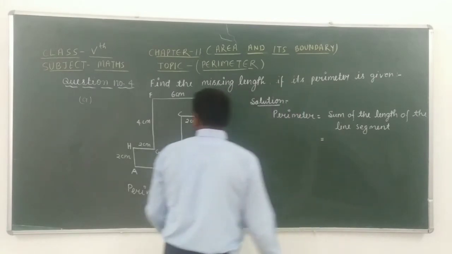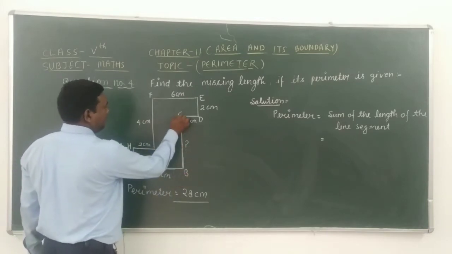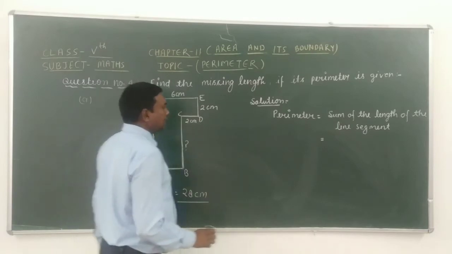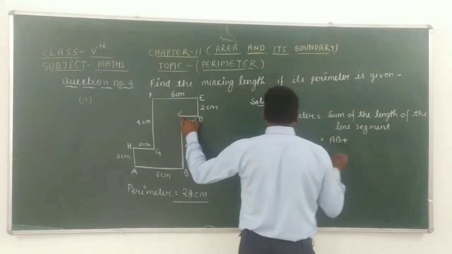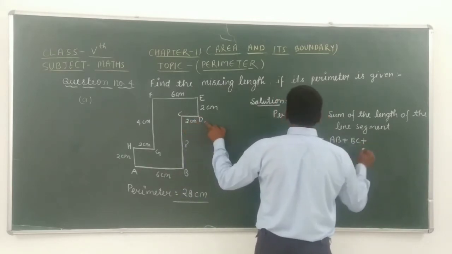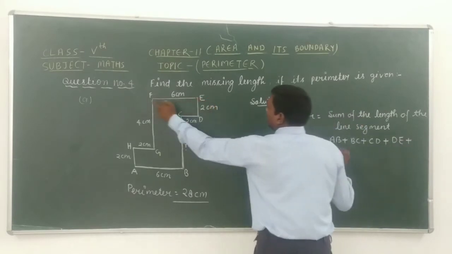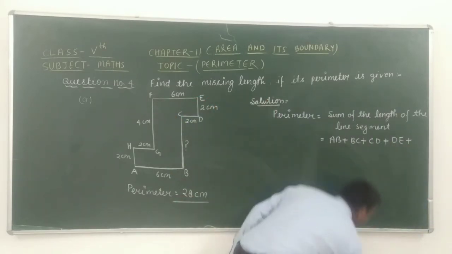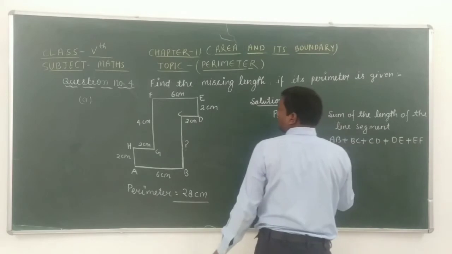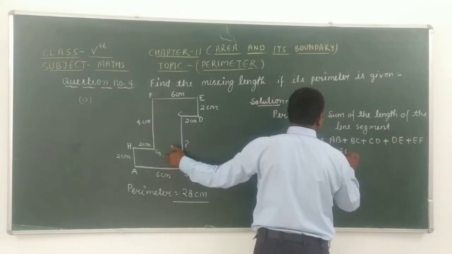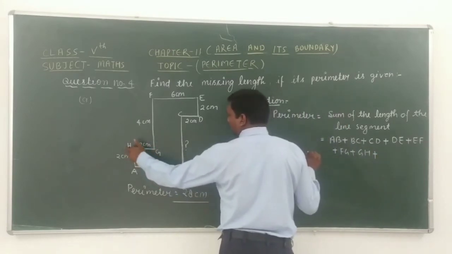Then we can write the line segments: AB plus BC plus CD plus DE plus EF plus FG plus GH and in last plus HA.